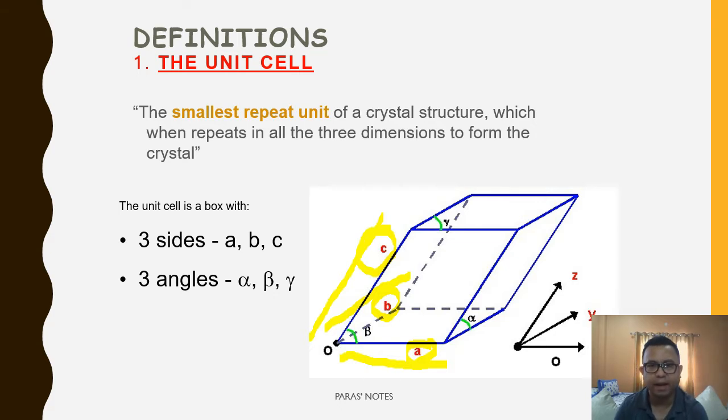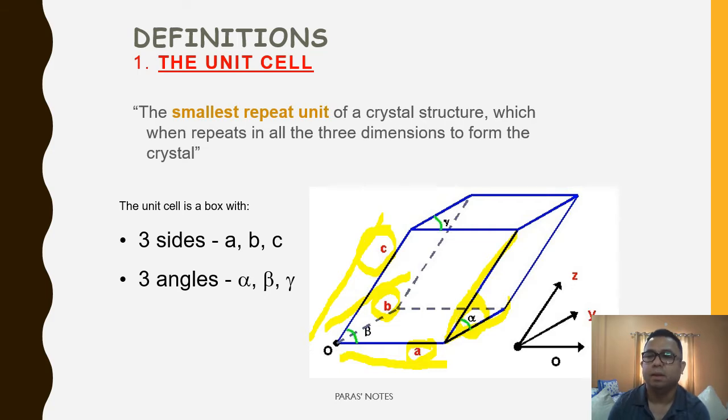If I am talking about the angle made between the height, which is the height of this unit cell, and the breadth of the unit cell, the angle created between the height and the breadth is represented by the angle alpha. So between these two edges, how much angle is created, that is alpha.